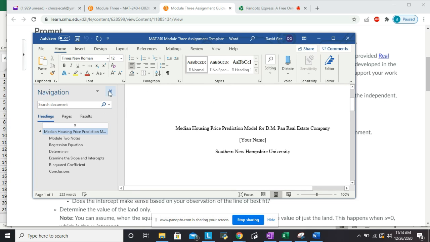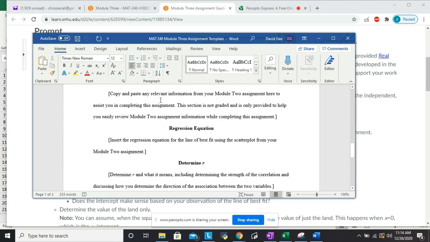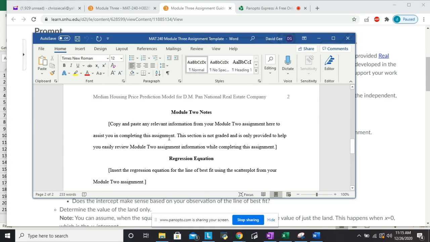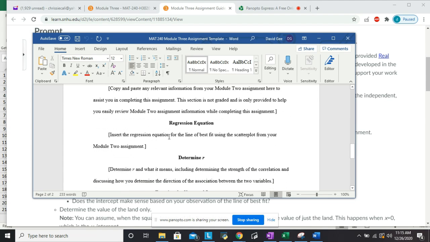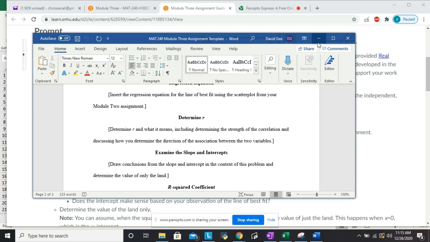You're going to be substituting in your name and filling in the different sections. So determine R, which is the correlation coefficient, examine the slope and intercepts, and make sure you're filling in this information.